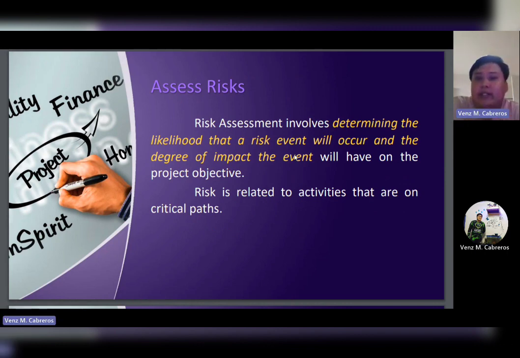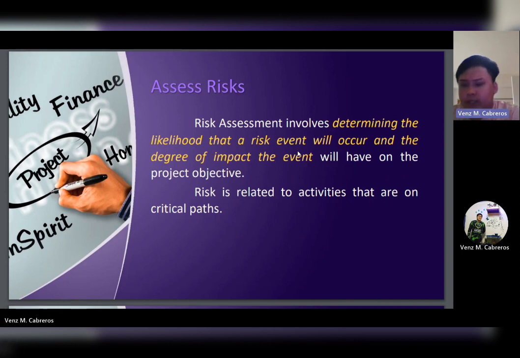So, assess risk. Risk assessment involves determining the likelihood that a risk event will occur and the degree of impact the event will have on the project objective.